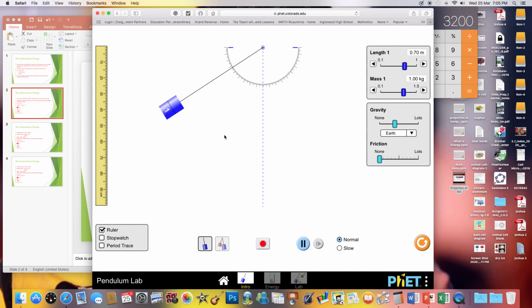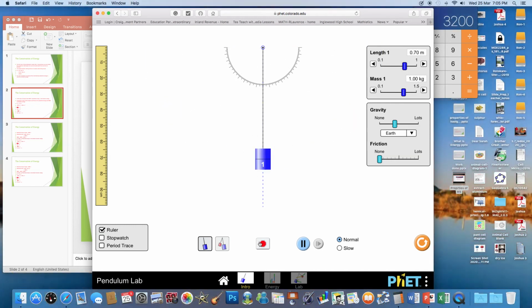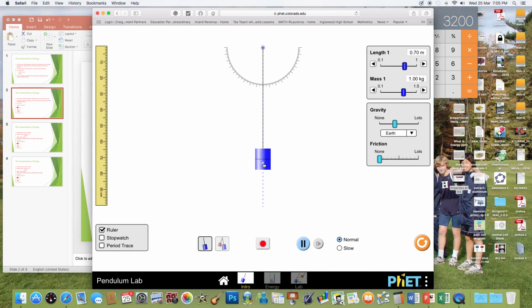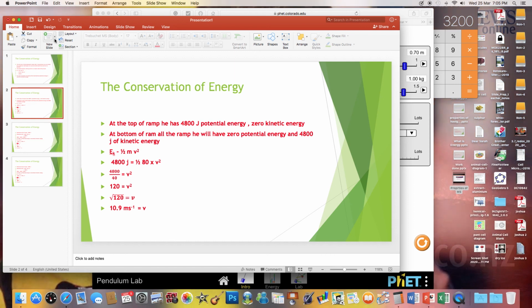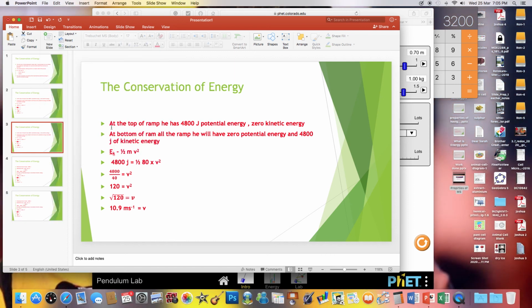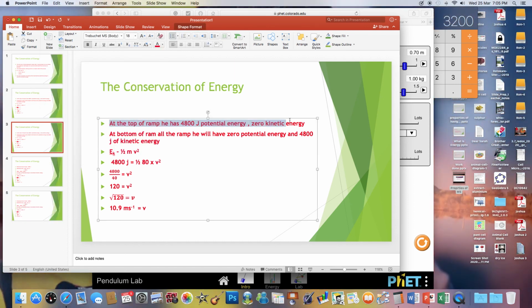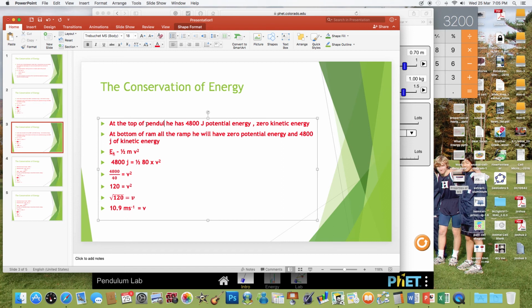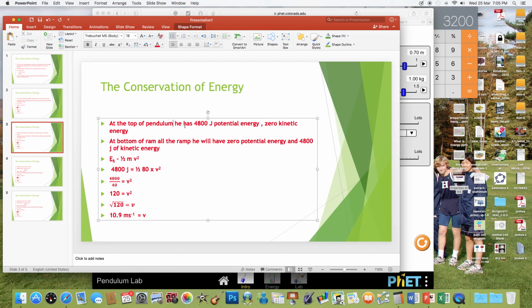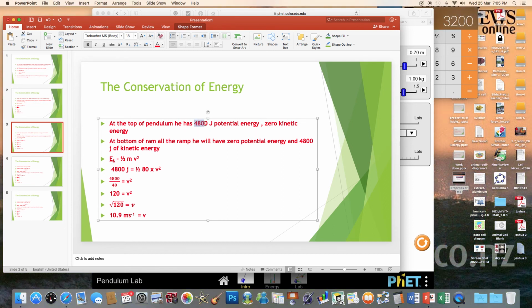All that 10 joules of energy is converted to kinetic energy there, and just as in the other example, we could do the same calculations here. So at the top of the pendulum, he has, and we'll calculate that in a minute.